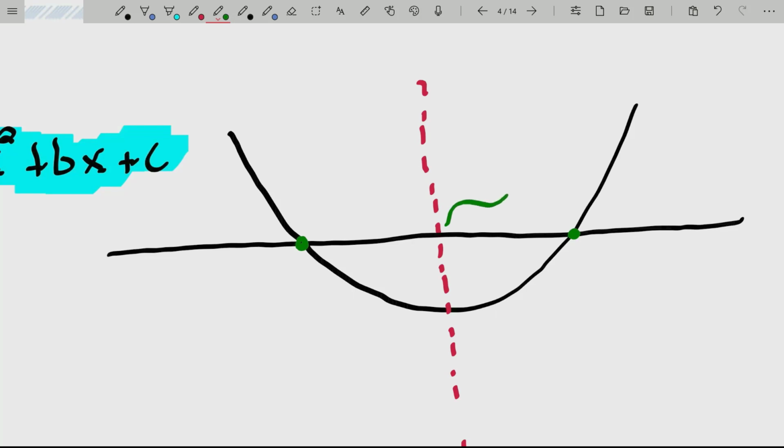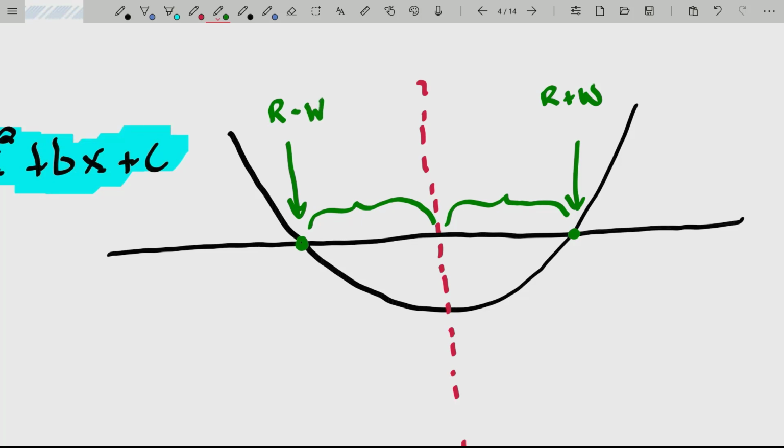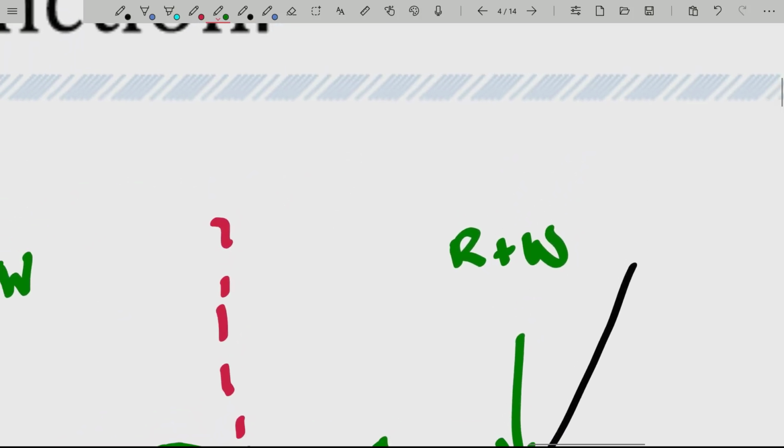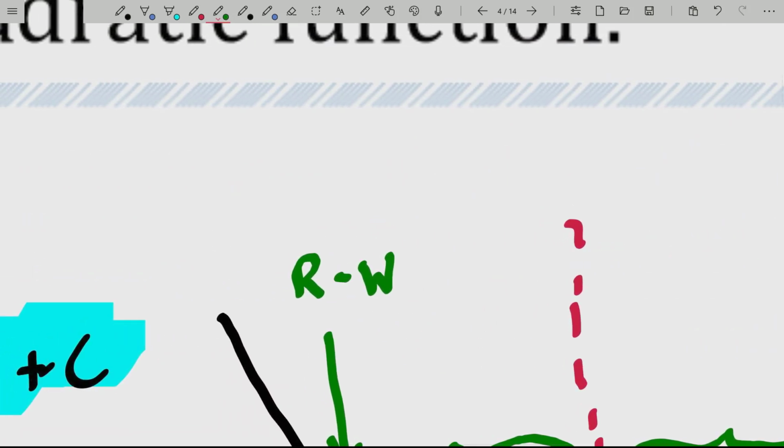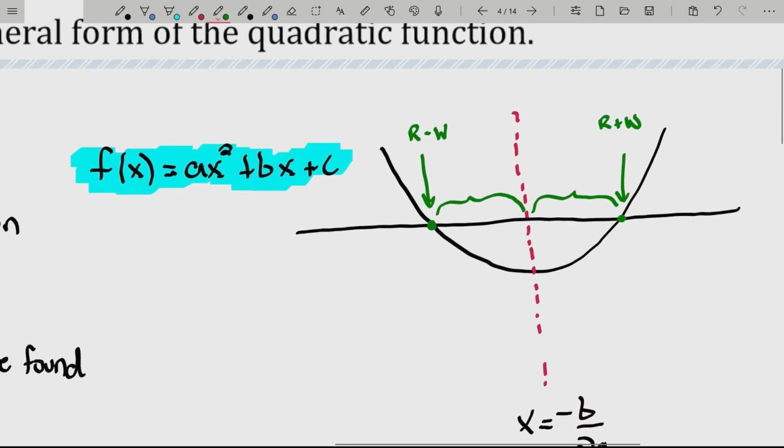Notice that they're symmetrically placed away from this axis of symmetry. In other words, they're the same step away from that red vertical line. So this point is whatever the red line is plus a wiggle, and this point right here is whatever the red line is minus the same wiggle. Focus in on that. One of them is at red line plus wiggle, one of them is at red line minus wiggle.